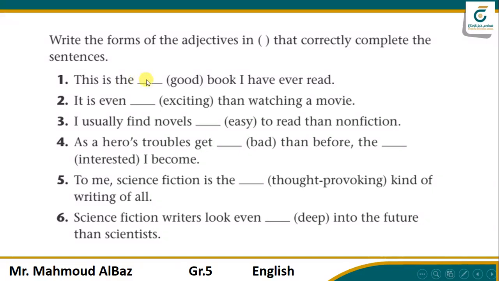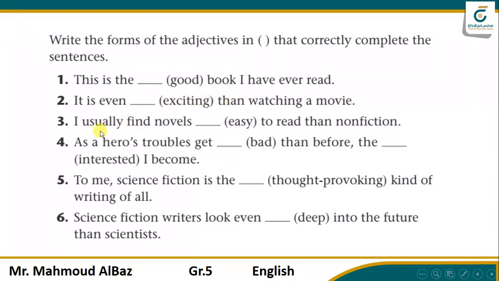This is the best book I have ever read. Number two, you have the word than, right? So we compare between two things, two people, two groups anyway. It's even more exciting than.